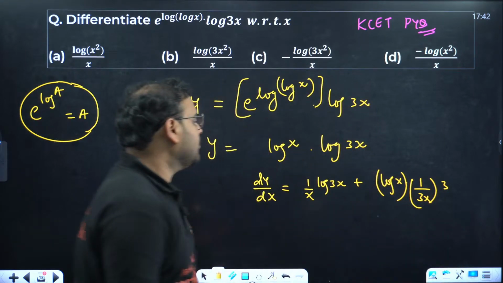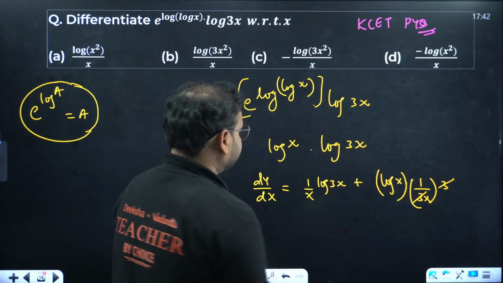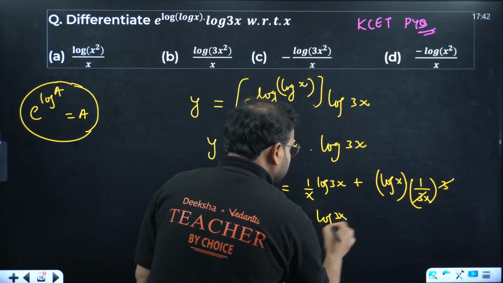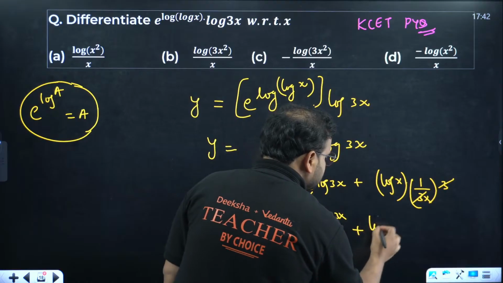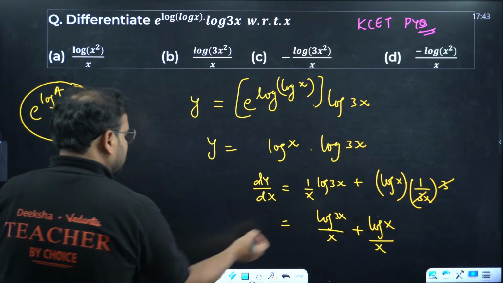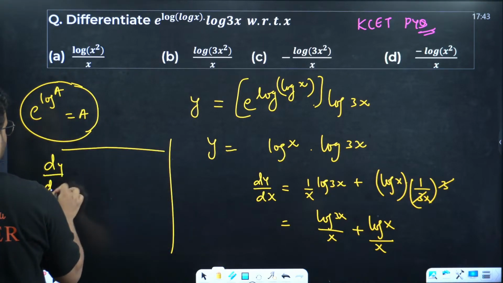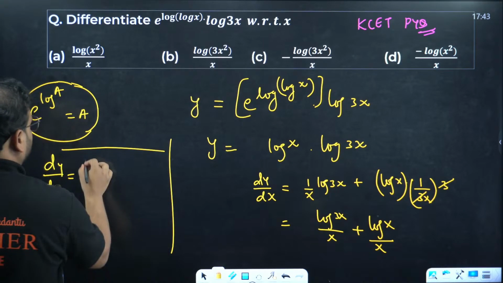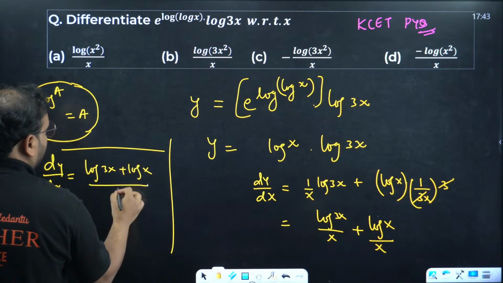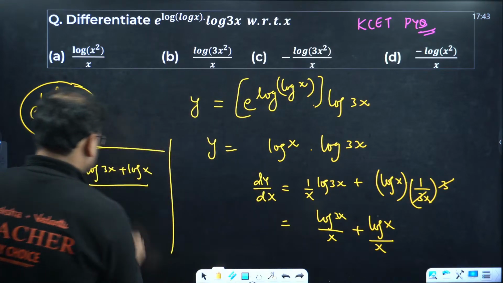This 3 and this 3 also cancel. What do we have now? We have log 3x by x plus log x by x. Can you see now? This is very simple. What I'm getting is log 3x plus log x upon x.